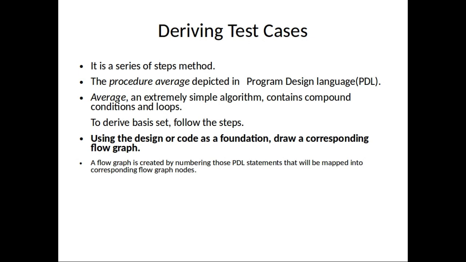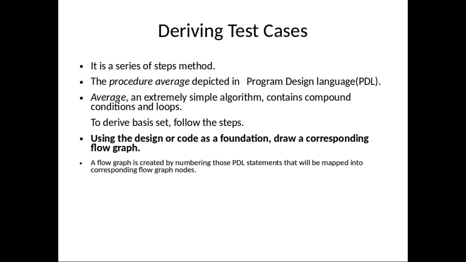The basis path testing method can be applied to a procedural design or to source code. In this session, we are presenting basis path testing as a series of steps.